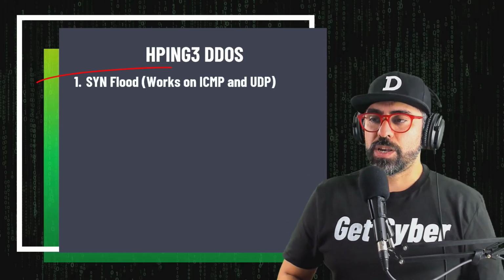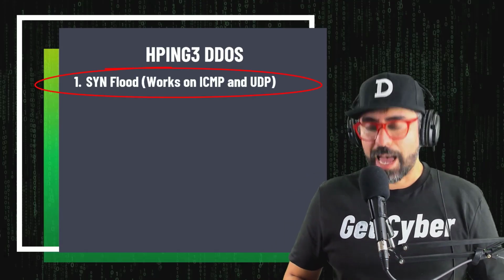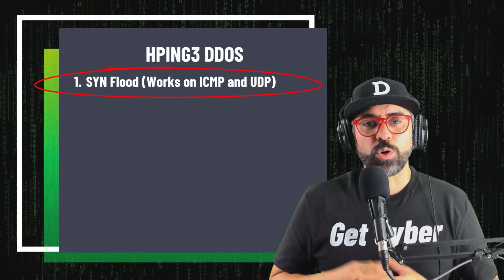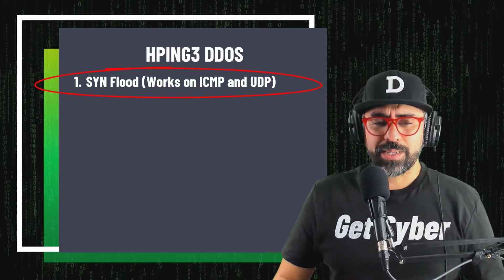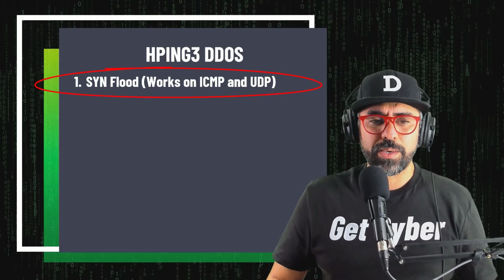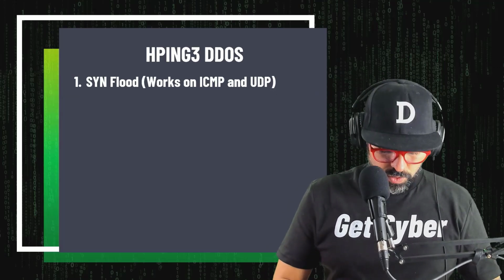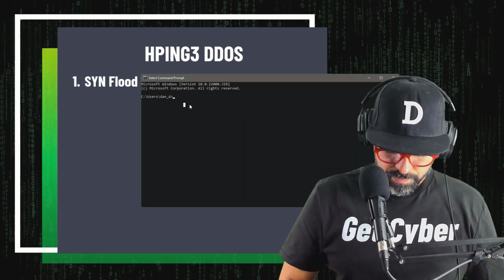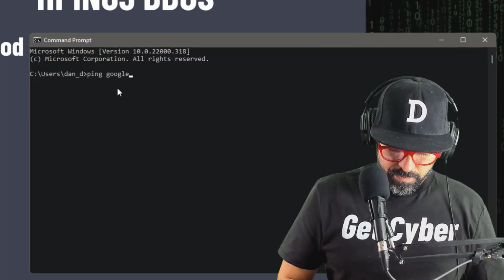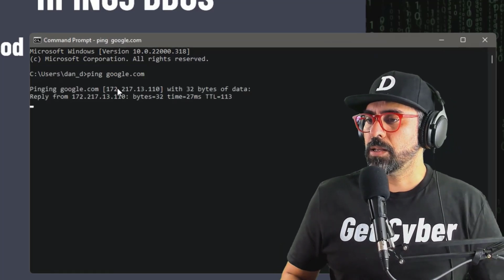hping3 DDoS attack. hping3 is a SYN flood type of attack, and it works also on ICMP and UDP protocols. So let me show you the ICMP protocol really quick. So I'm going to power up my command prompt. There you go. And I'm going to ping Google. Ping google.com.